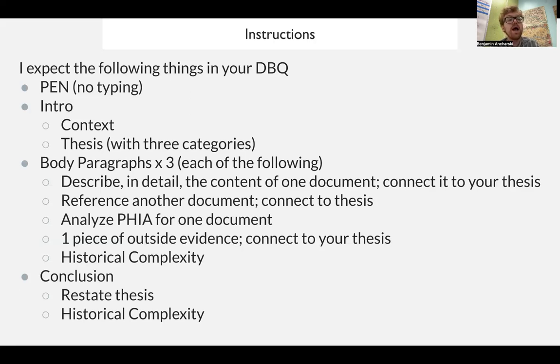All right. Well, if you have any questions, please let me know in class. It's easier for me to talk to you about how to write these things rather than sending a big long email. So you can say, I don't know how to do this still, and I can work with you to clarify how to do a DBQ. But you need to come to me and ask those questions.